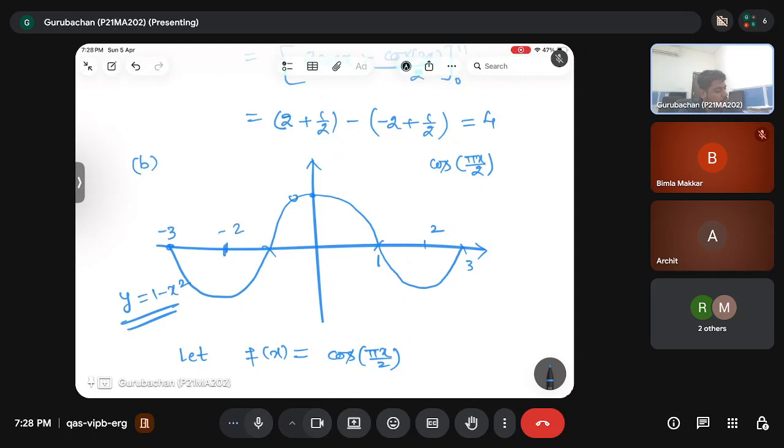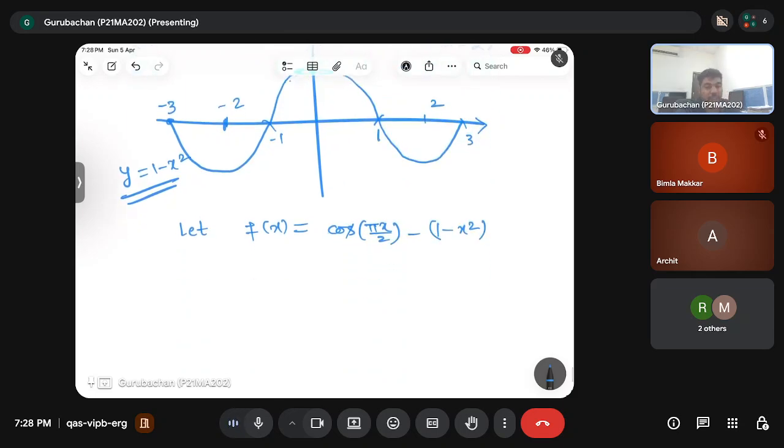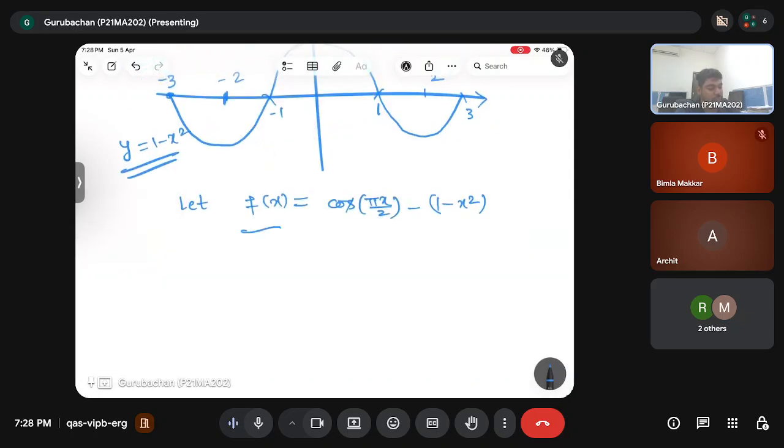It is symmetric, so minus 1, and minus 1 minus x square. So you do the derivative, or you just need to judge whether the function is increasing or decreasing. If you get to know whether the function is positive or negative, then you will know which function is bigger.